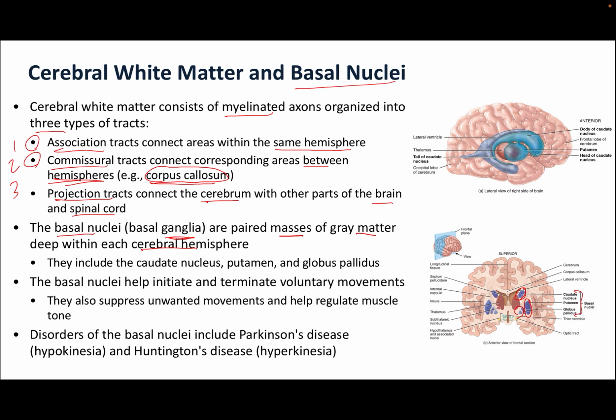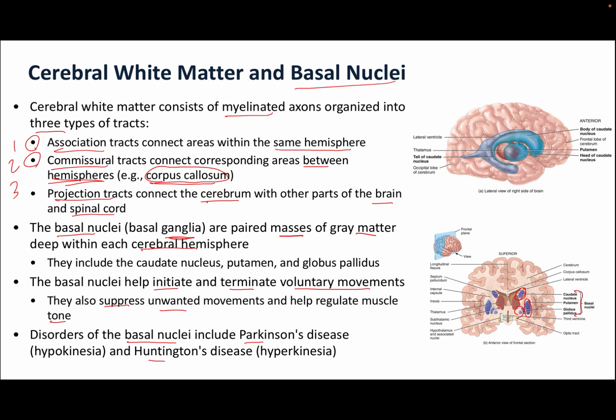The basal nuclei is super important because it helps to initiate as well as terminate voluntary movements. They also suppress any unwanted movement and help to regulate muscle tone. Now, neurological disorders like Parkinson's or Huntington's specifically impact the basal nuclei.